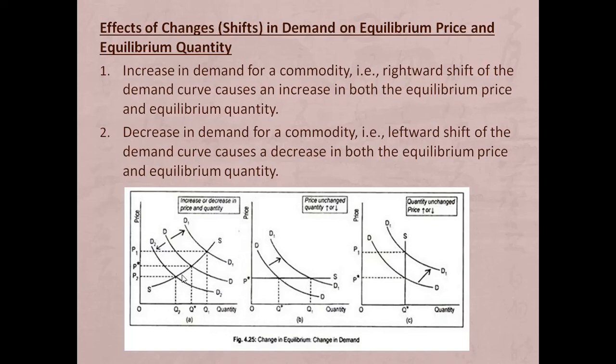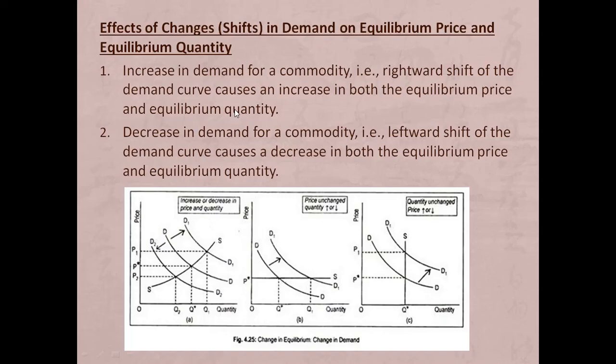It's not about movement, remember. Movement only occurs in terms of contraction and expansion. We are talking about the shift. The entire demand curve will shift towards the right hand side in case of an increase in demand, and in case of a decrease in demand, the entire demand curve will shift towards the left hand side.